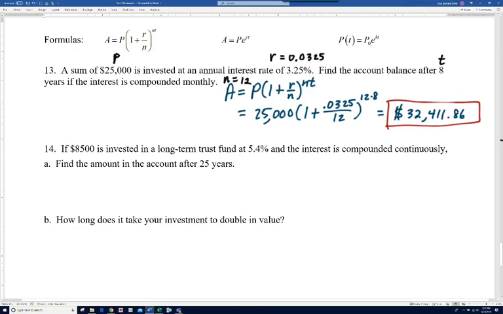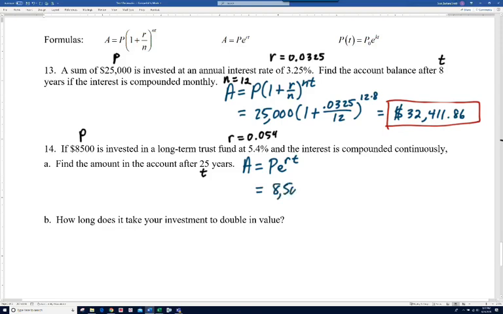So let's go ahead and write our formula down. I'm going to use the Pert formula. We know our P is 8,500. Our interest rate's going to be 0.54. Oops, that's not right. How about 0.054? And we said it was compounded continuously, and notice T is 25 here.